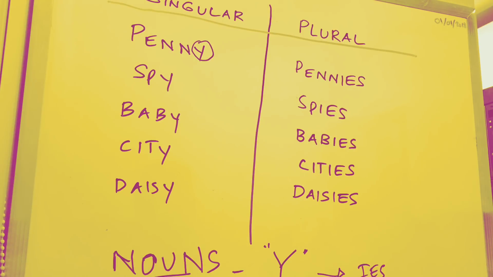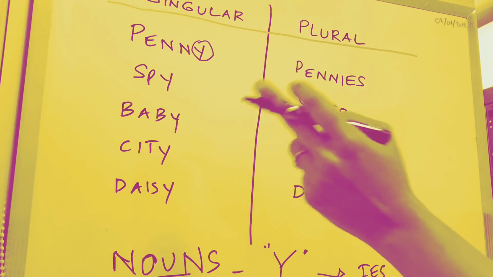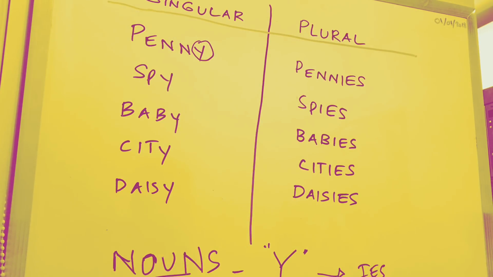When you're speaking, it doesn't really show that there's an IES or an S or an ES in the plural form. When you speak, it will sound the same. So if I was to say I have a cat, or I have cats, or I have a baby or I have babies, actually it's the S sound that's coming out, but this is how the grammar is written.